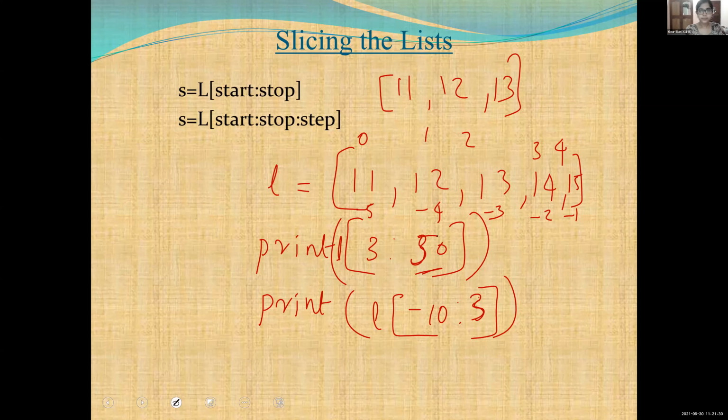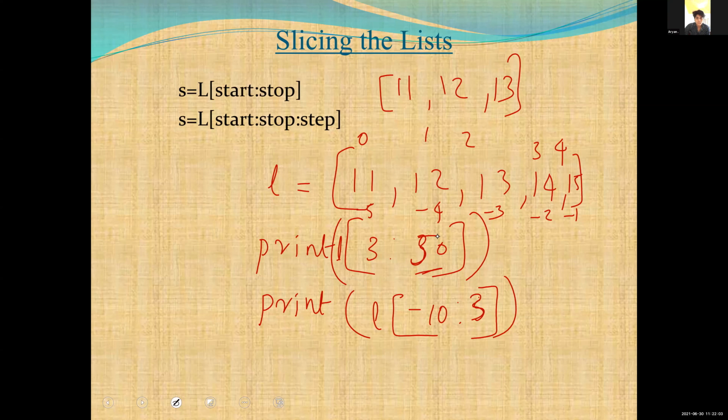Yes, ma'am. Okay. So next is S is equal to L[start:stop:step]. What is step? Aryan, what is step? Step is for the incrementation value. The normal, default incrementation value is 1.